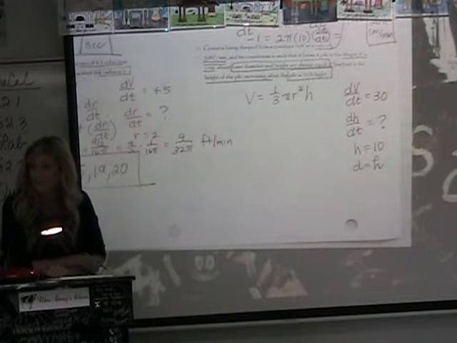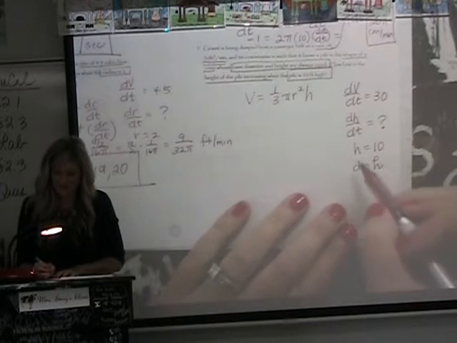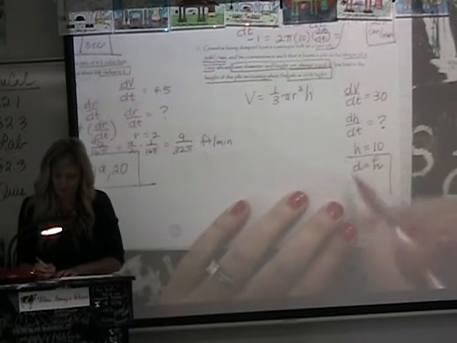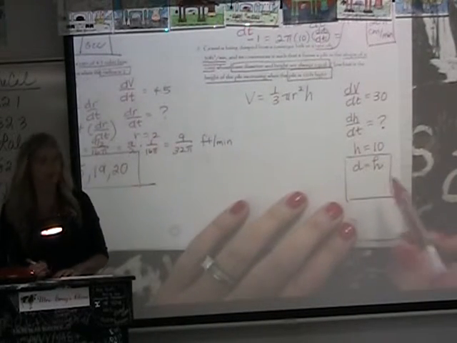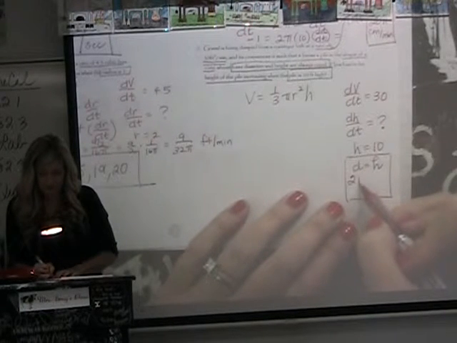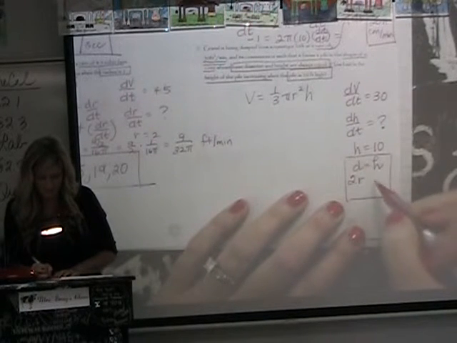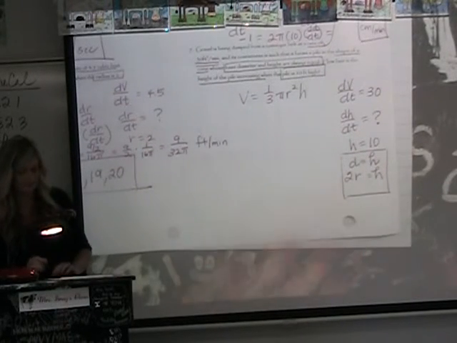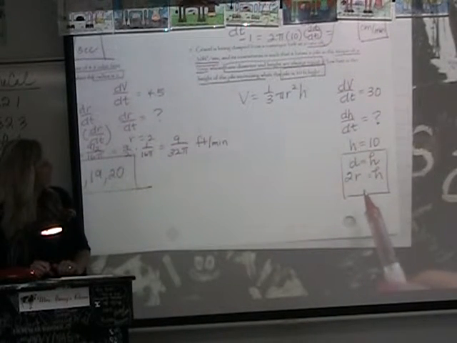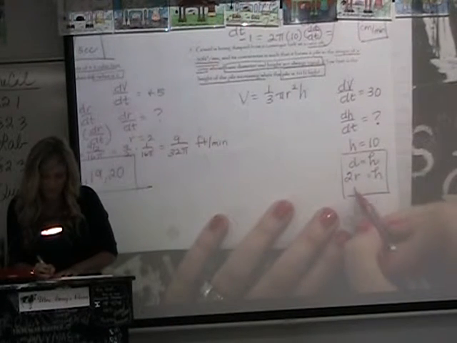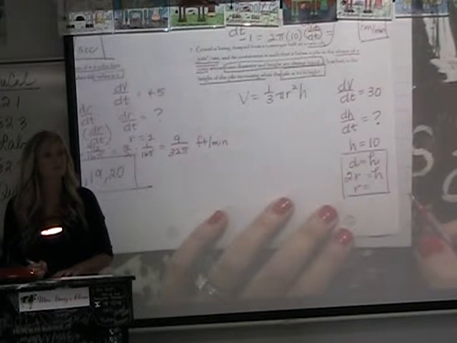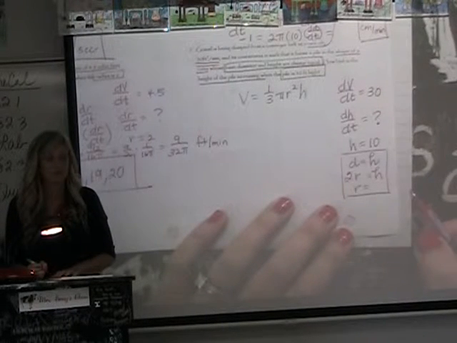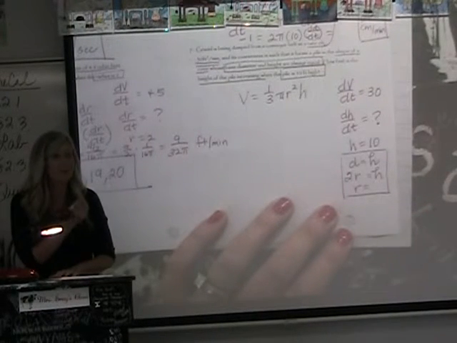Diameter is twice the radius. So I'm going to say, this is going to be my little box here. If I know diameter equals height, then I know twice the radius is equal to the height. And so, let's see. What would we sub in for r? h over 2 or 1/2 h, right?